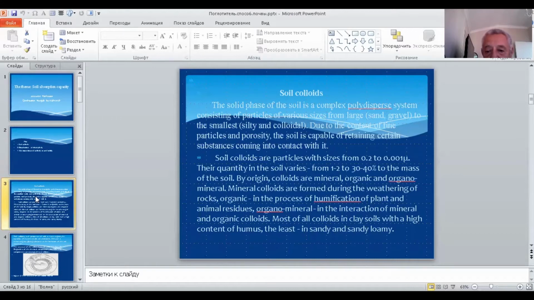Organomineral ones form in the interaction of mineral and organic colloids. Most colloids are in clay soils with a high content of humus, the least in sandy and sandy loamy soils.